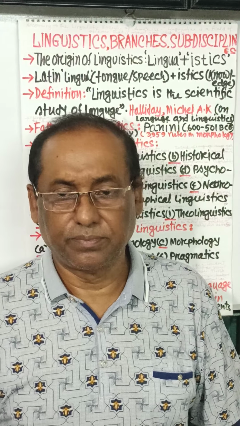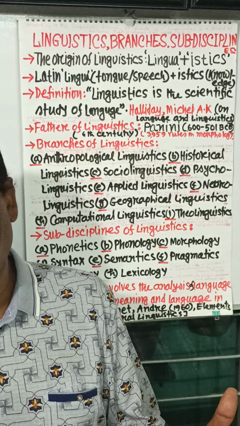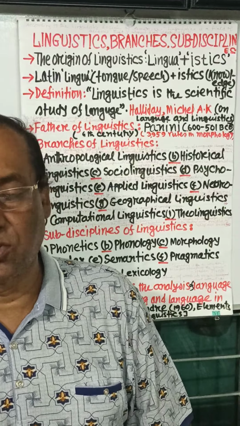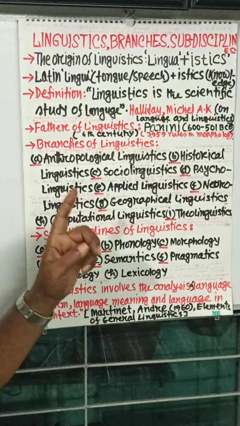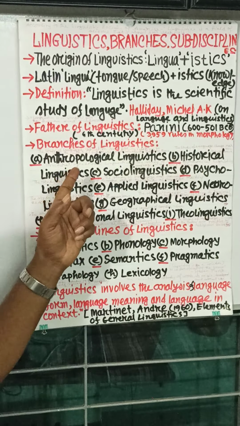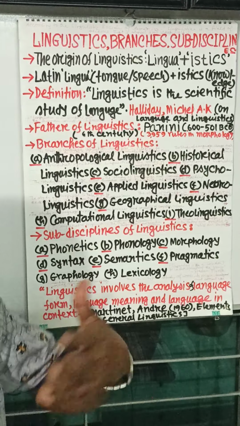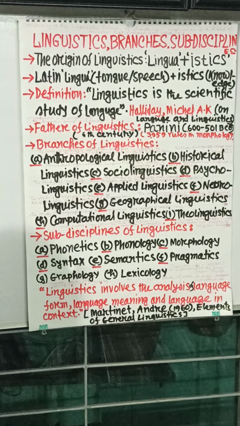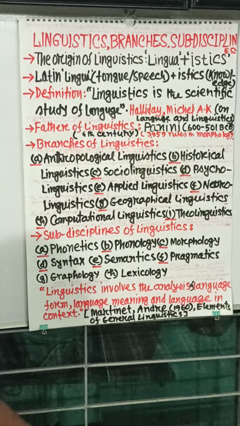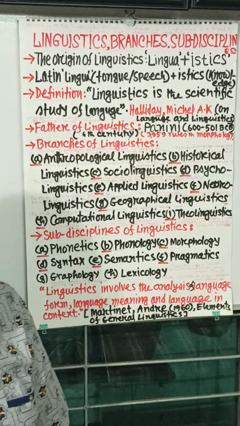My students, now let me discuss different branches of linguistics. At first, anthropological linguistics. Now, what is anthropological linguistics? The study of language variation and use in relation to the cultural patterns and beliefs of human race.